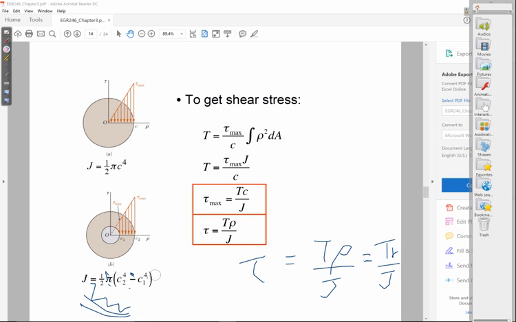For a hollow shaft, it's very simple: you take the moment of inertia of the solid outer piece, and subtract out the polar moment of inertia of that hollow inside piece. So it's 1/2 pi times the outer radius to the 4th minus the inner radius to the 4th.